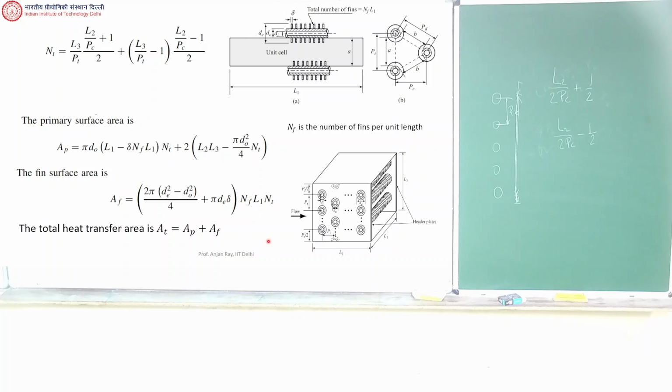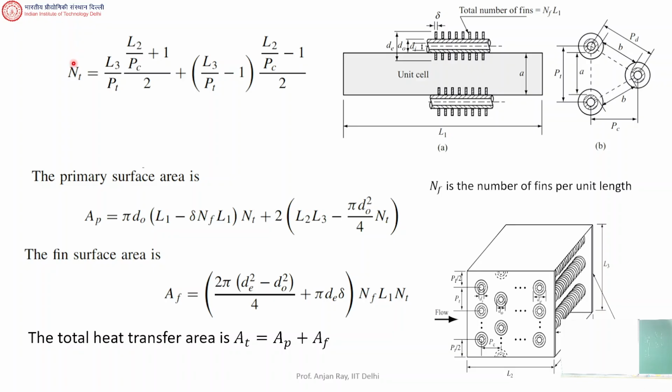This gives you the total number of tubes. Okay. This should be all right. What's L3 by PT? Number of tubes in the first row. And this one?